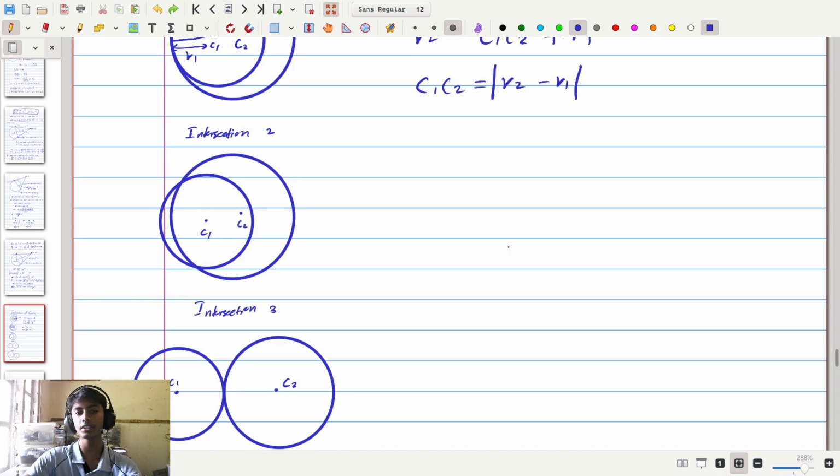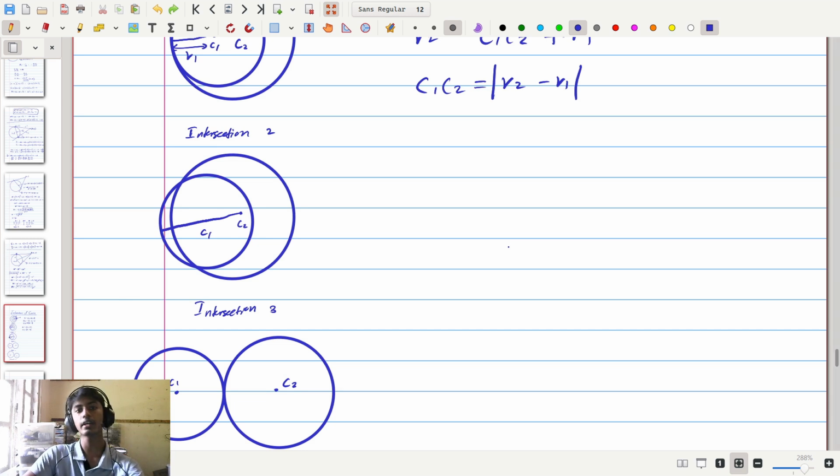The third intersection case is when one circle is partially inside the other circle, but the two circles intersect at 2 points like this. So here we can see there's one intersection here and another intersection here. In order to figure out the condition for this, what we're going to do is draw this line starting from the center of the second circle, going through the center of the first circle, out until it touches the edge of this first circle like this.